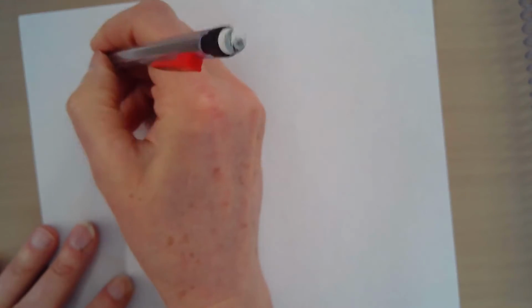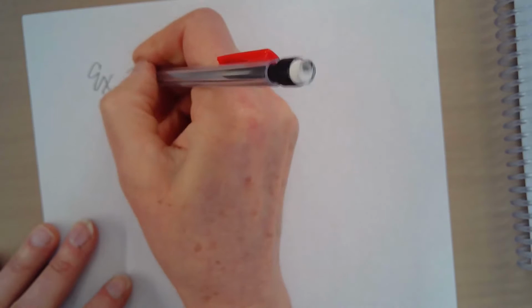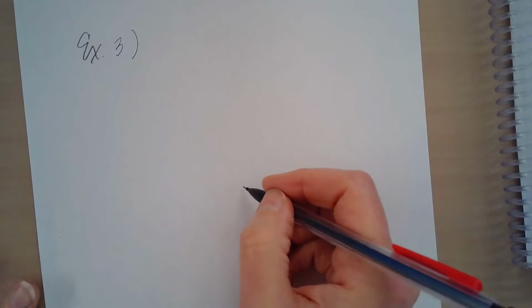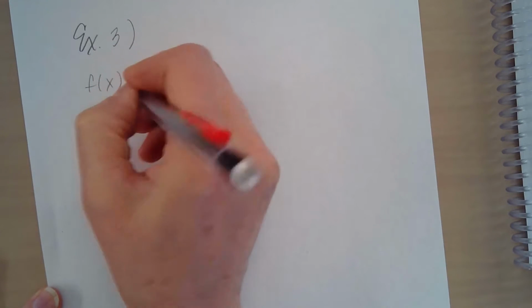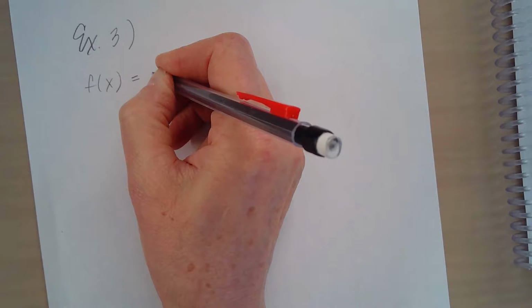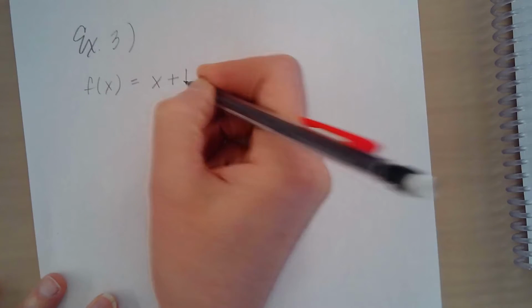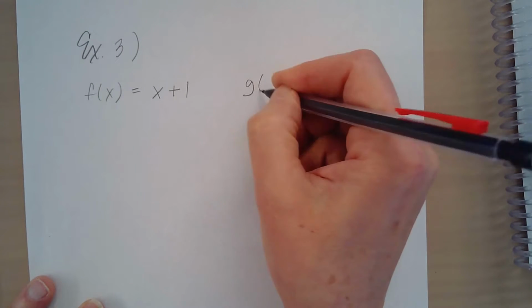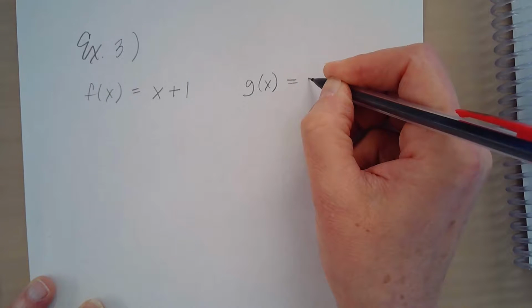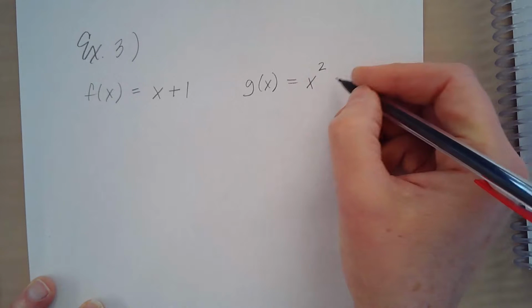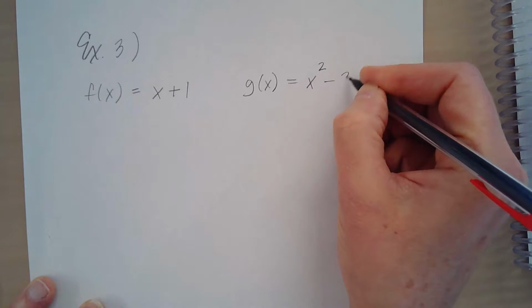If I give you, so I'm going to say example 3, what if I give you f of x equals x plus 1, g of x equals x squared minus 3.